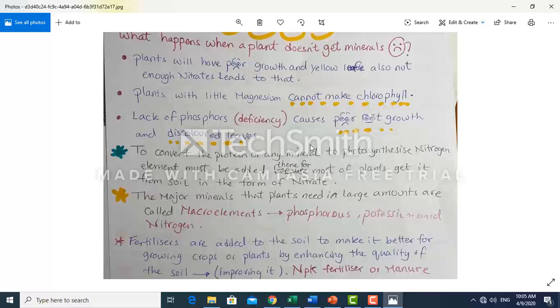Because the element nitrogen must be added to make nitrate. So the plants get nitrate, because we said that nitrate helps have better growth and also healthy leaves. The major minerals that plants need in large amounts are called macro elements, and they are phosphorus, potassium, and nitrogen.